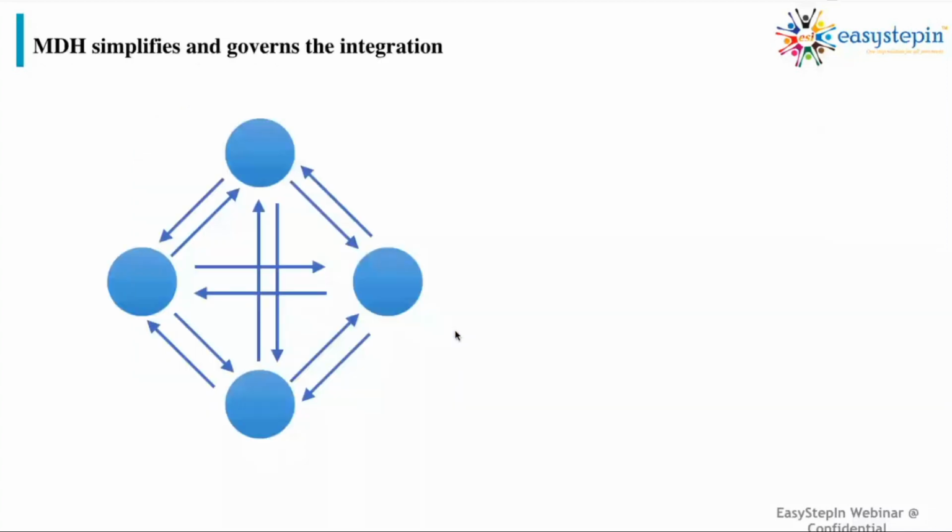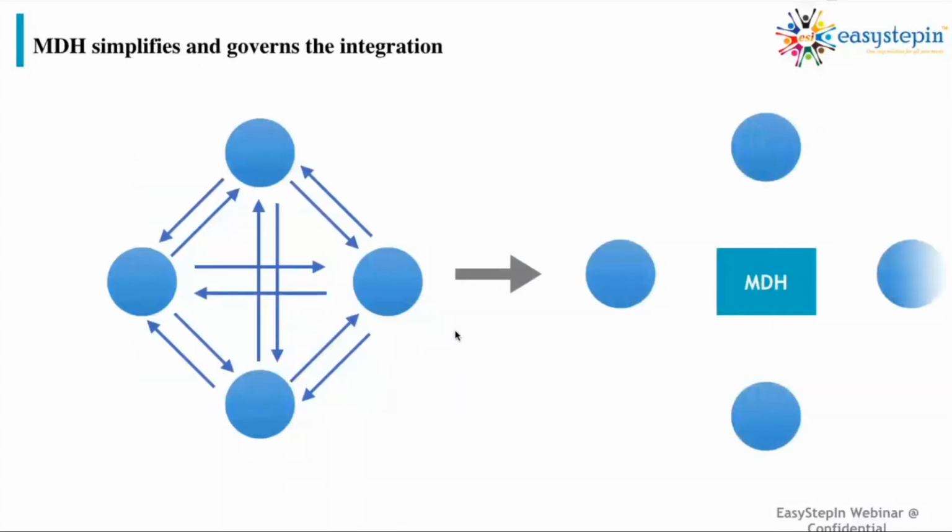Then, so this being the traditional integration process, MDH sits in the middle of the applications. So any changes in the applications are detected by this MDH system. It validates, cleanses, enriches, and matches the data, and also synchronizes it back to the related systems.